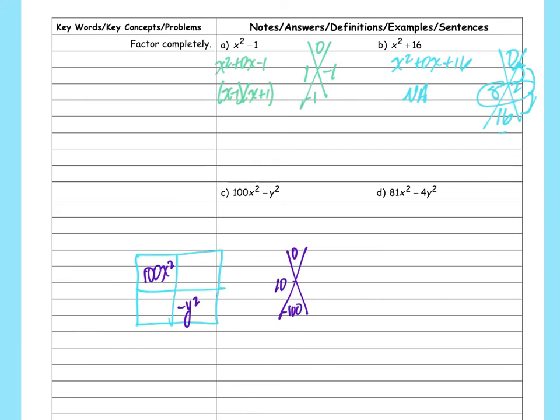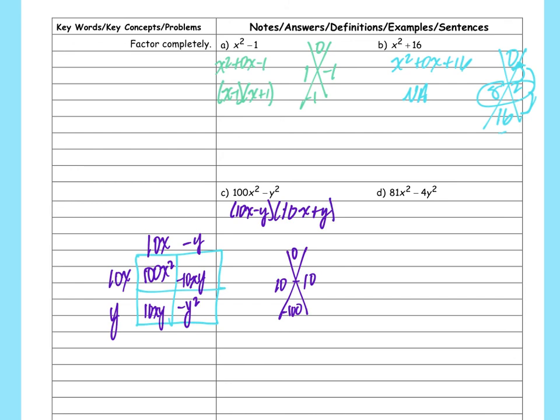So that would be 10 and negative 10. 10xy, negative 10xy. So this should be 10x and negative y and 10x and positive y. So this factors to 10x minus y and 10x plus y. Sorry. Okay.